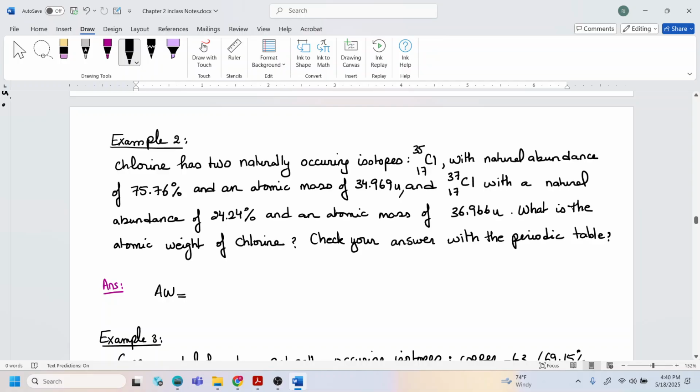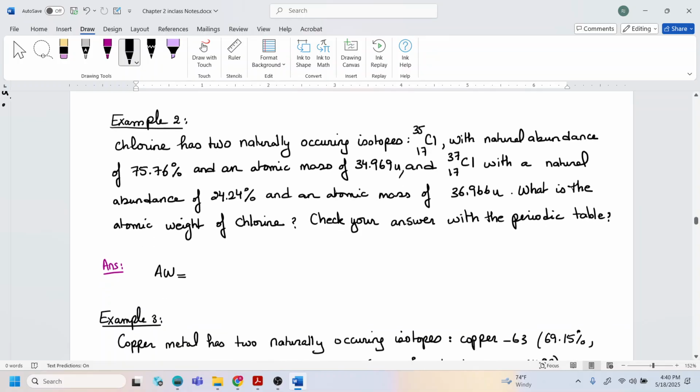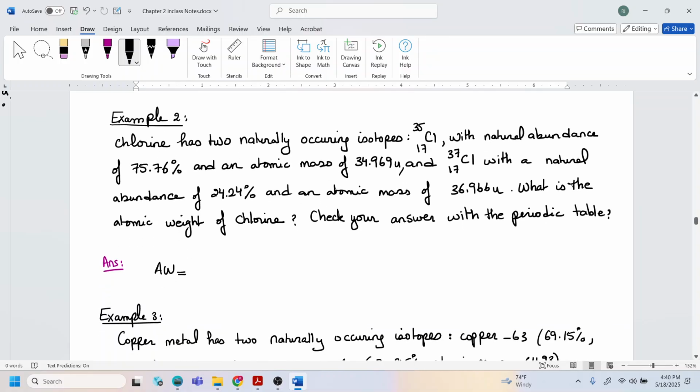This type of formula is the same, so you're going to apply it the same way every time. It's just a matter of getting used to putting the numbers in the equation. So how many isotopes do we have here? We have chlorine 35 and chlorine 37, so two isotopes. For chlorine 35, the percentage is 75 and the mass is this much. So let's multiply them with each other.